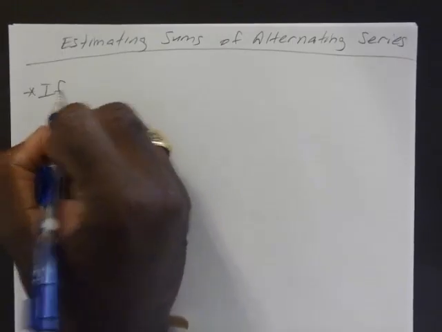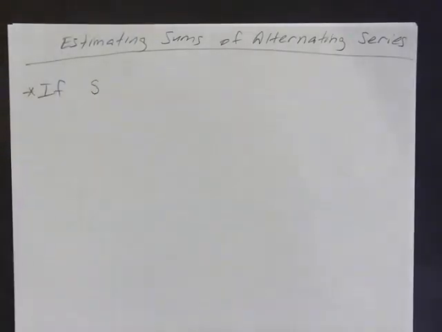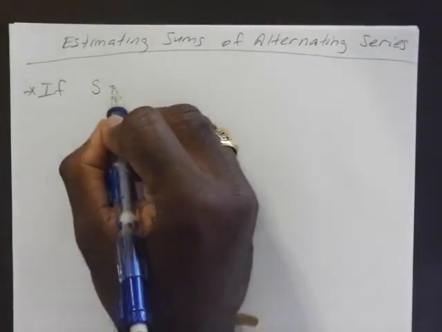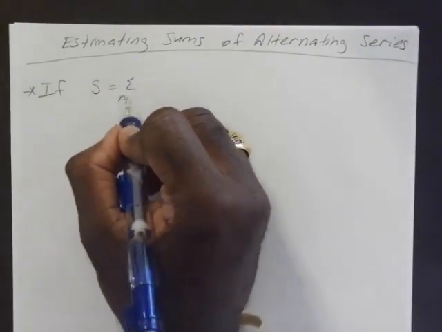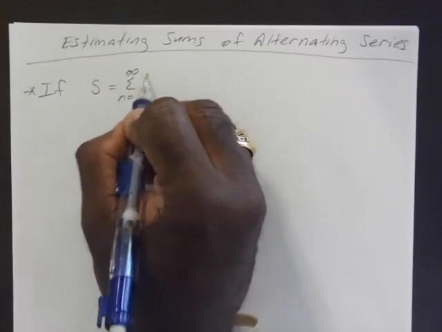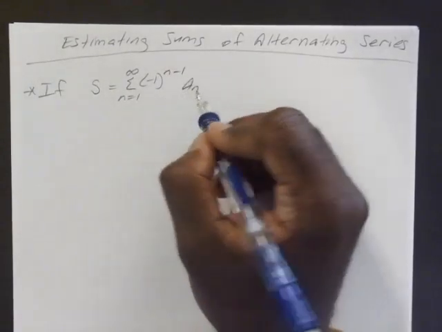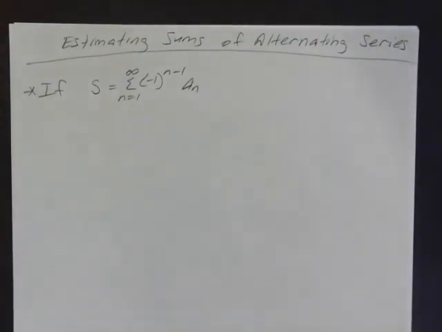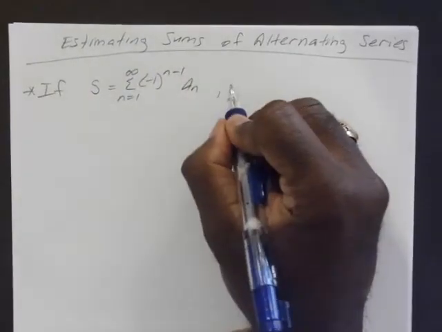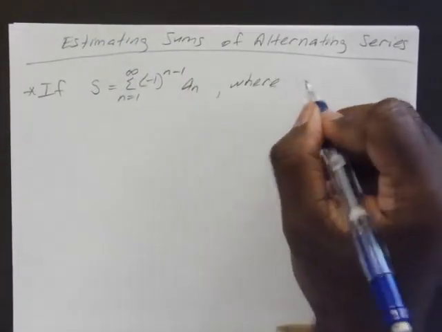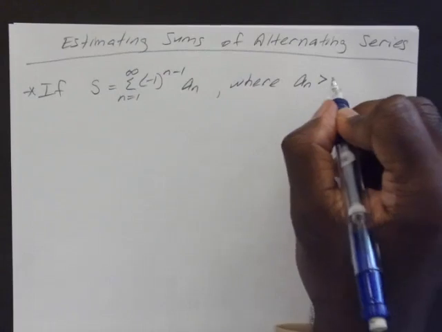So let's say we know that some value s is equal to the sum from n equals 1 to infinity of negative 1 to the power of n minus 1 times our series a sub n, where we know that a sub n is greater than 0.